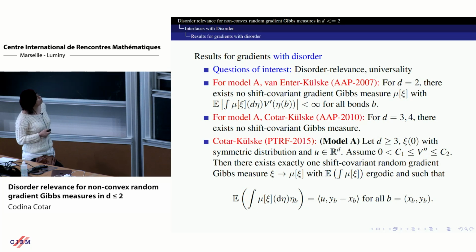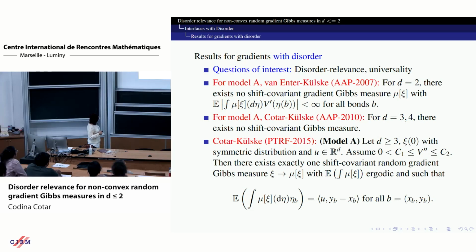For d equal to 1 and 2, there were no shift covariant gradient Gibbs measures anymore. We could also show that we didn't have these Gibbs measures for dimensions 3 and 4. So this is different from the model without disorder, where they only didn't exist for dimensions 1 and 2, but they did exist from 3 and higher. So here they also don't exist for 3 and 4.